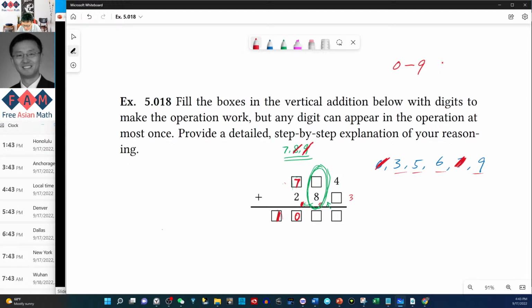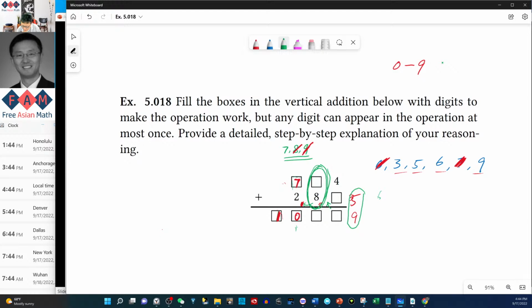If this is 3, it gives us 7, and 7 is already used, so this cannot be 3. How about 5? 5 gives us 9. That potentially can work, so why don't we circle this as a potential candidate? 6 won't work because 4 plus 6 will be 0, and 0 is here.